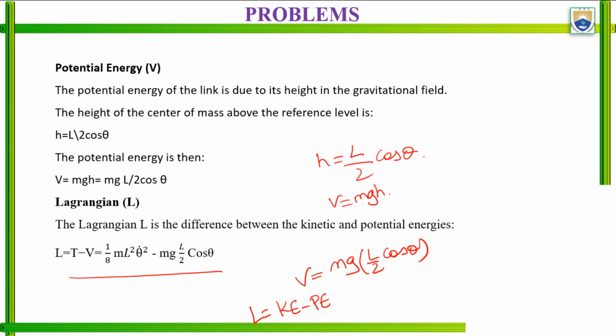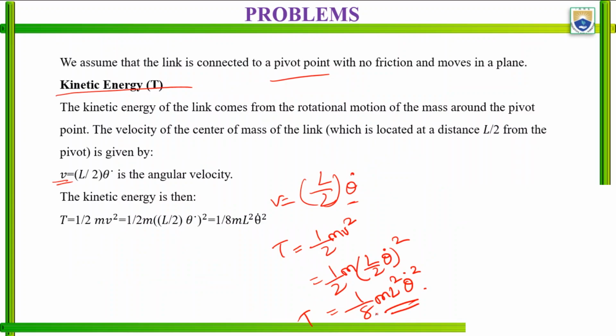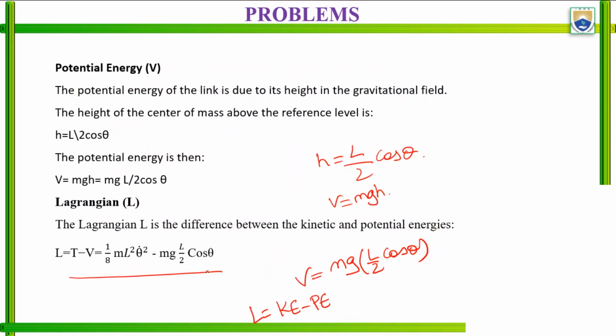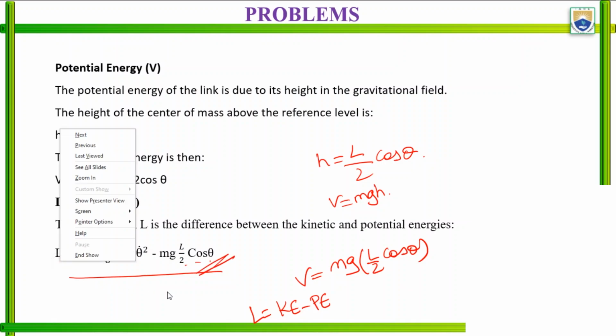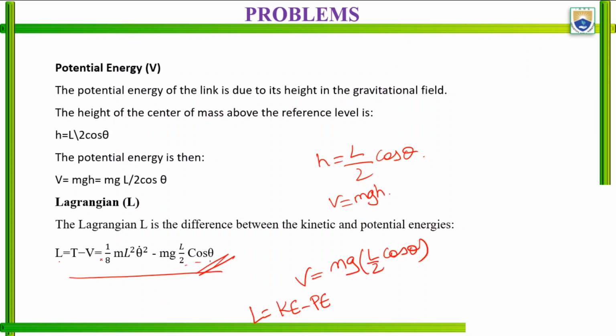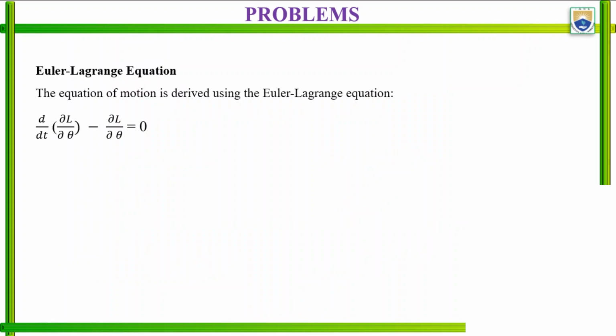The kinetic energy we have got is 1 by 8 m L square theta dot square, and the potential energy is m g L by 2 cos theta. So we write the Lagrangian as L equal to 1 by 8 m L square theta dot square minus m g L by 2 cos theta. Now we move to the Euler-Lagrange equation.